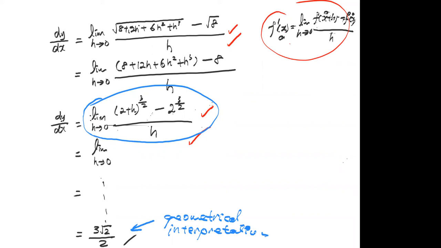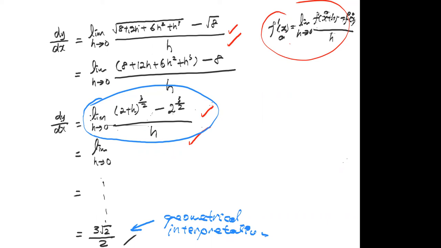Geometrical interpretation, you must say slope of the curve at x equal to 2, or slope of the tangent or gradient of the tangent at x equal to 2. If you just tell me slope of the tangent, I give you 0 mark also.